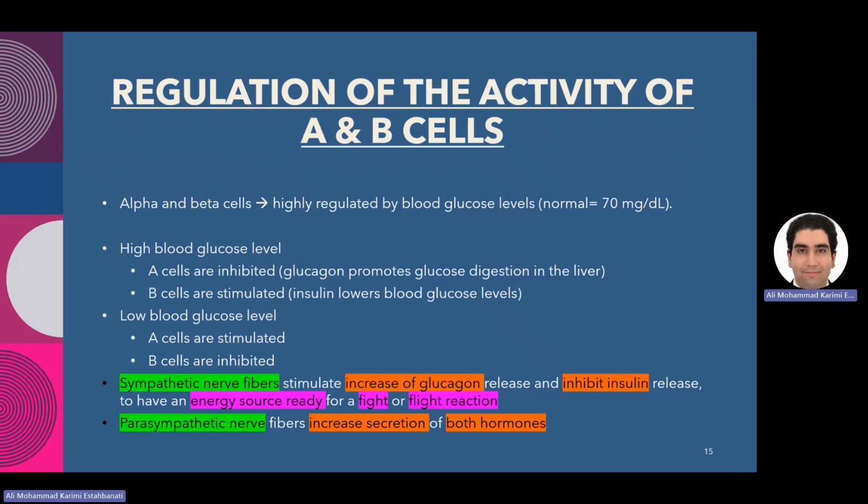There it will stimulate the increase of glucagon and inhibit the release of insulin. While the parasympathetic nerve fibers are active when you're relaxed, so they increase the secretion of both hormones, and they will be almost at the same level, in an equilibrium.